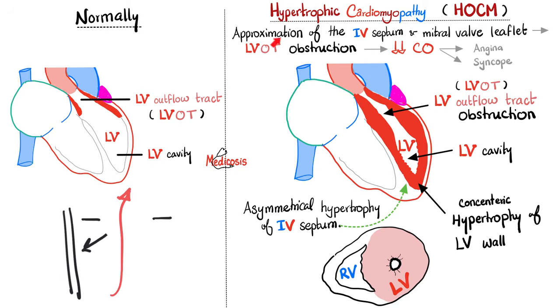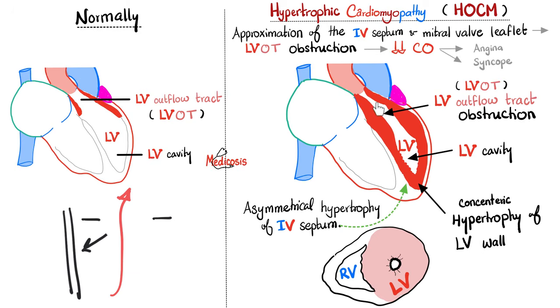You would hear the murmur caused by the HOCM, which sounds very similar to the murmur of aortic stenosis, but the site is different. Both murmurs are crescendo, decrescendo, harsh systolic murmurs. However, the murmur of aortic stenosis is heard at the aortic area, A1, which is the right second intercostal space.